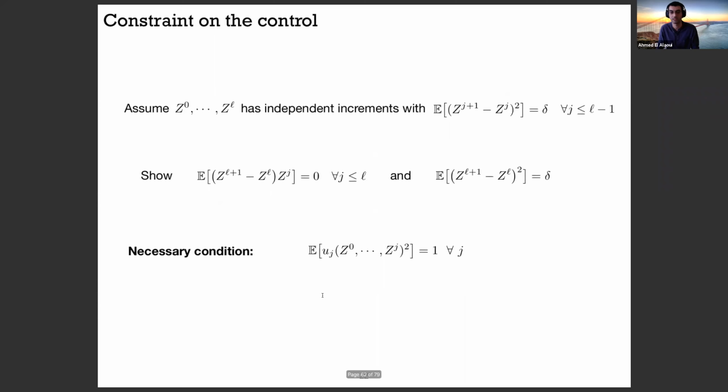So ut would be the continuous version of these uj. These are functions that depend on the past, but in the limit you can just consider these uj's to be a predictable process, a process that is random and progressively measurable with respect to the Brownian motion to which these z's converge. Does that make sense?